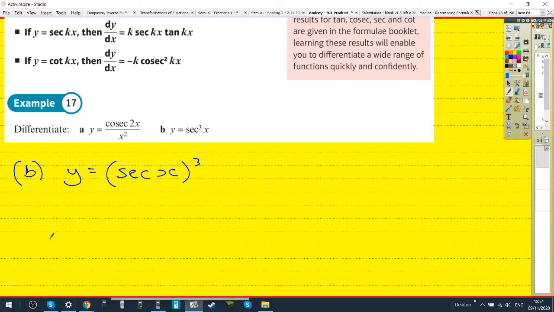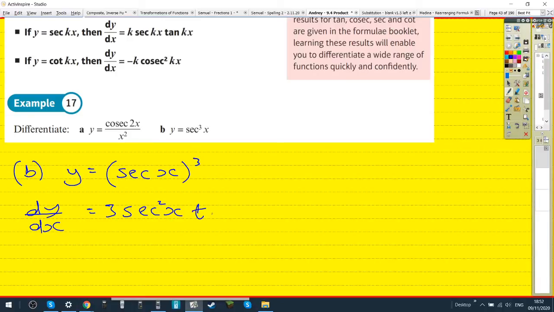It's literally the same thing. So if I do 3 sec x squared and then times by, is that, I think it's just going to be sec x tan x. Let me think about this. I think it's just tan x.